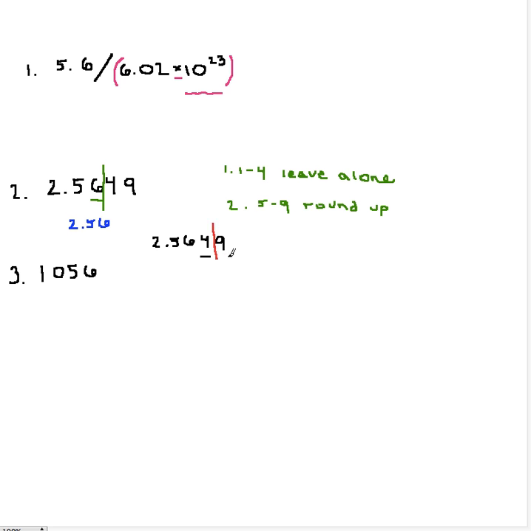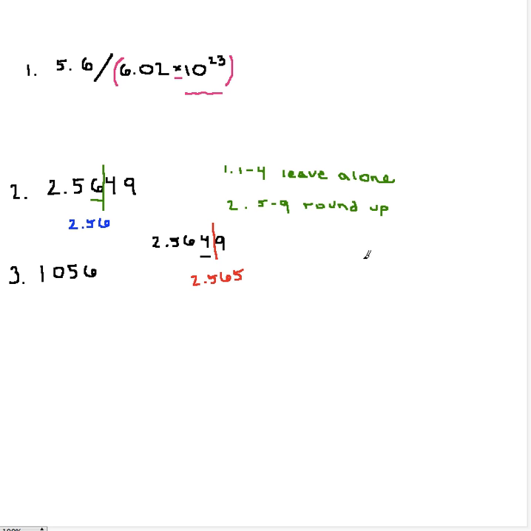If the number after the line is between 1 and 4, leave this number alone. If it's between 5 and 9, round up. Now, since this is 9, that means that this 4 is going to have to round up. So it's going to become 2.56. It rounds up, so it'll go to 5. And that's it. Okay. Let's try another one.